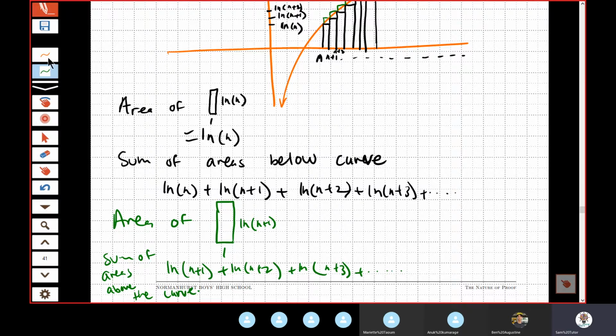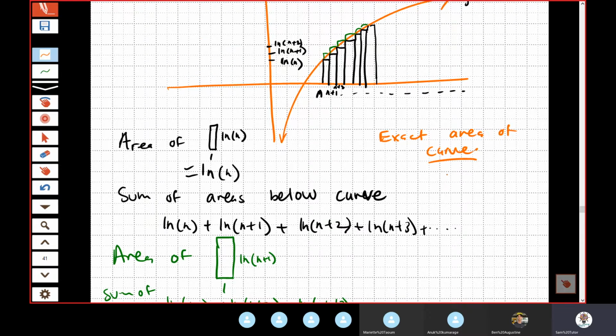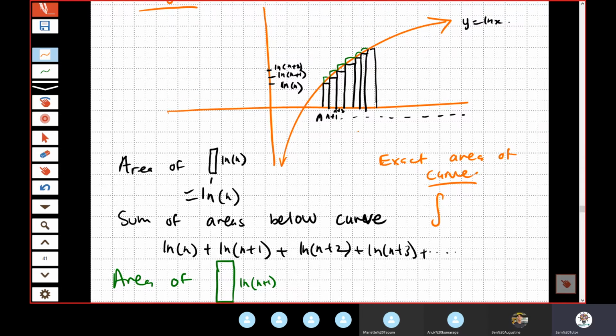And last one, what would the exact area under the curve be? It would be the integral, let's call it from n to, I haven't said where to stop, but we'll just make it k for now.